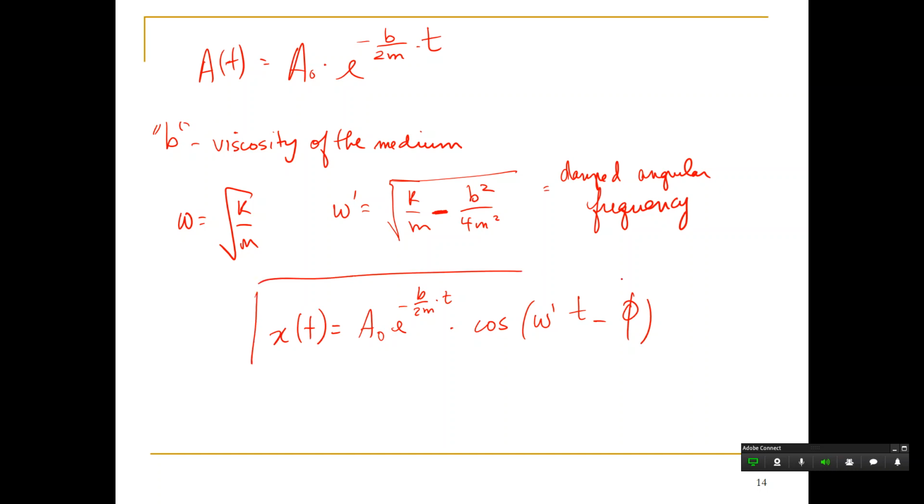So this would be the total wave equation. This would actually give you the y position of your wave.